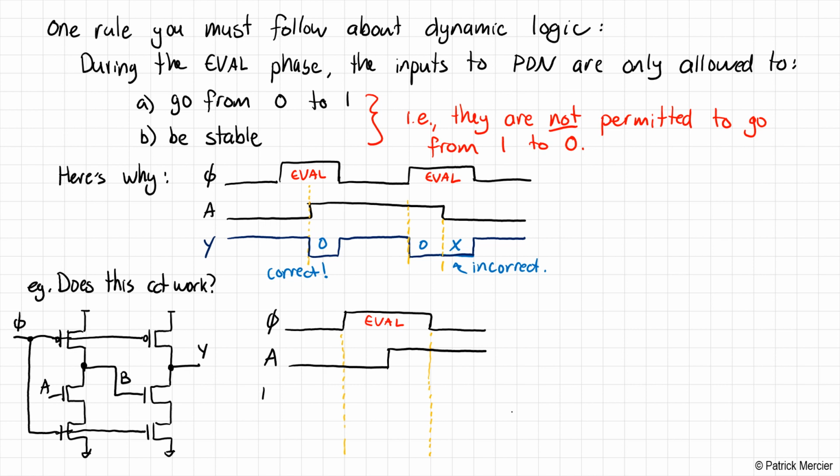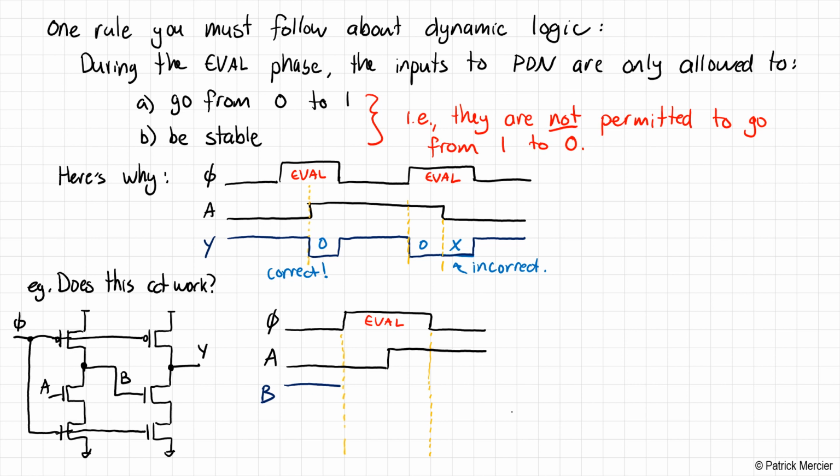So what does B do? Well, B is initially pre-charged. And actually, I suppose this is a mistake here. We don't know where A is coming from, so it could be from some non-dynamic logic circuit as an example. In this case, B is pre-charged.